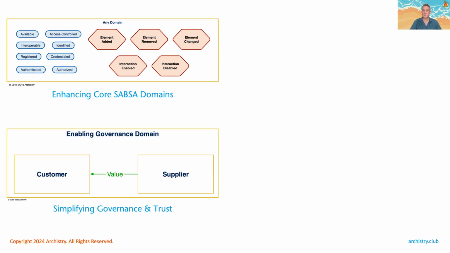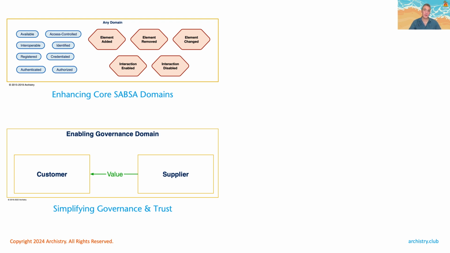Then we have our fundamental governance relationship, which is the delivery of value by a supplier to a customer within an enabling governance domain. And if you are familiar with SABSA at all, you'll recognize that this is a fundamental simplification of every domain relationship that SABSA defines, except the isolated domain, which just hangs in space. So this model allows us to leverage fully the producer product concept of systems thinking and talk about the role-based delivery of value, not the static, finalized, oh, you are the customer, I am the supplier.